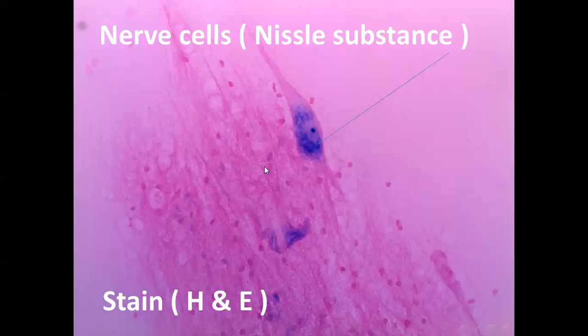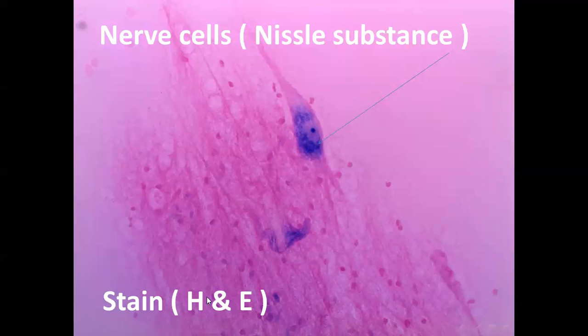This slide is taken from what? From the nerve cell, to observe very clearly which organelle is the rough endoplasmic reticulum. Which stain is used to demonstrate the Nissl substance?